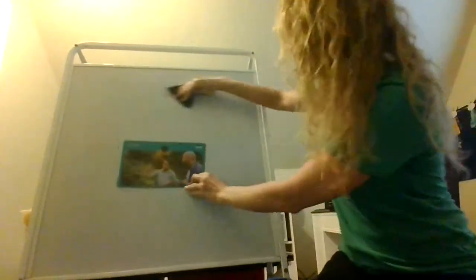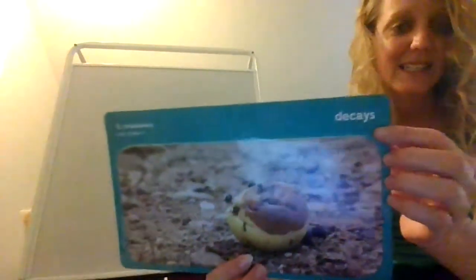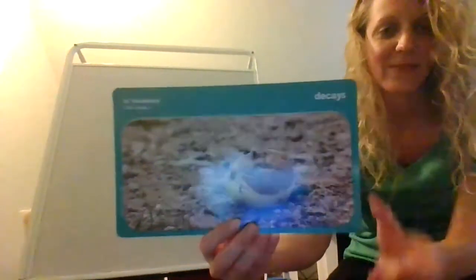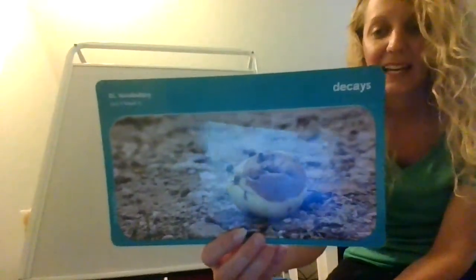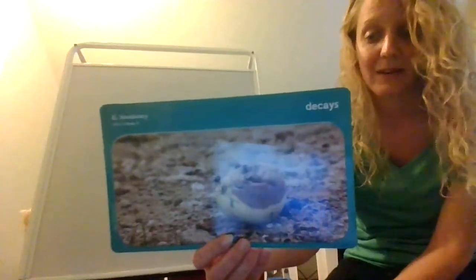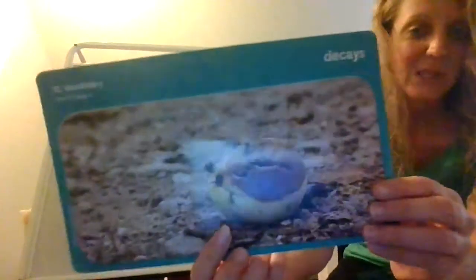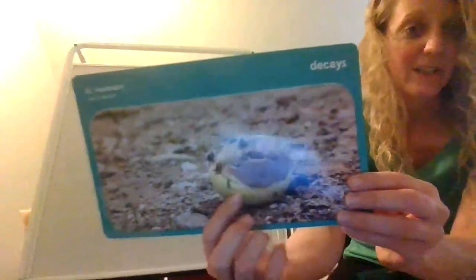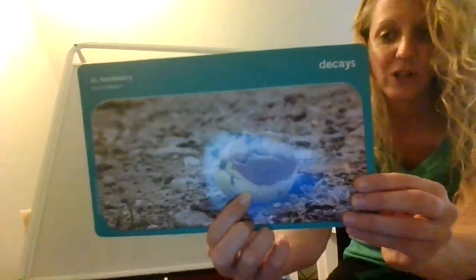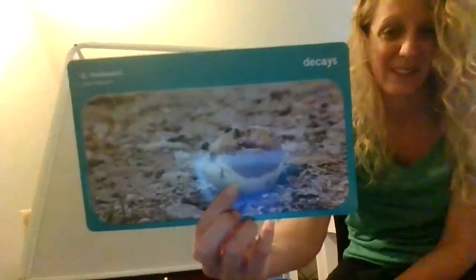All right, guys, we are ready for our last word today. That word is decays. Can you say the word decays? Decays means breaks down over time. So in this picture, this is a pear. It's a fruit. It says the pear decays after a few days on the ground.